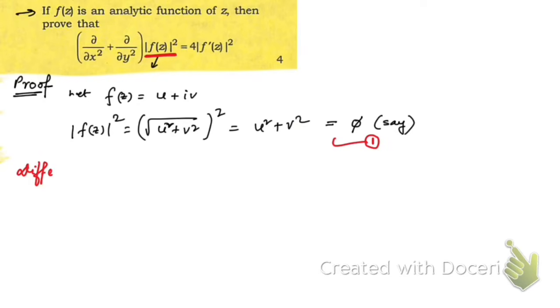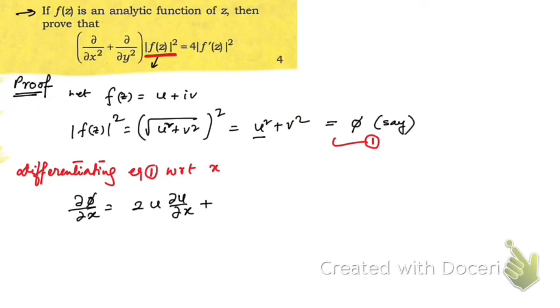Differentiating equation number 1 with respect to x, we get del phi by del x equal to 2u del u by del x plus 2v del v by del x, because u is neither a function of x only nor of y only.